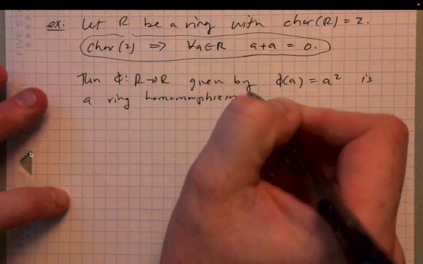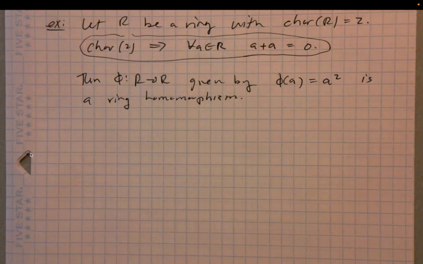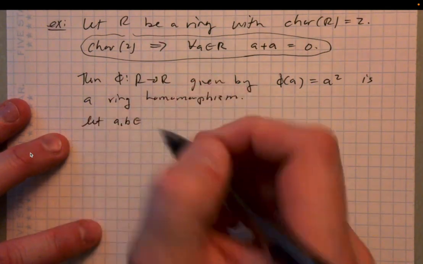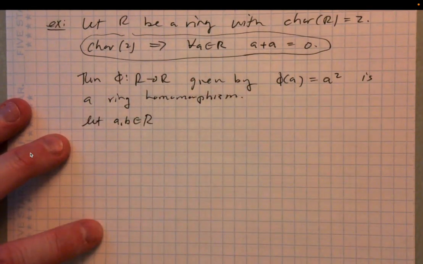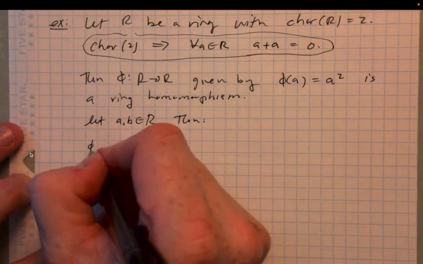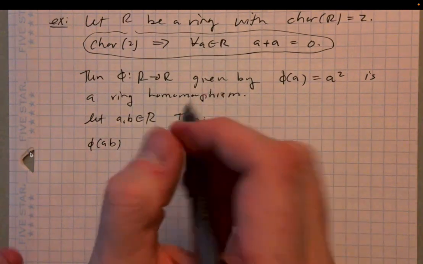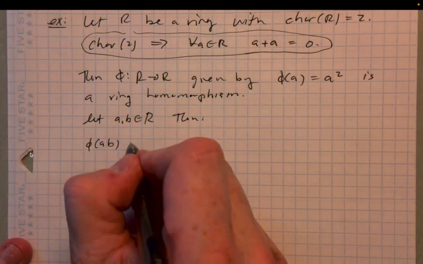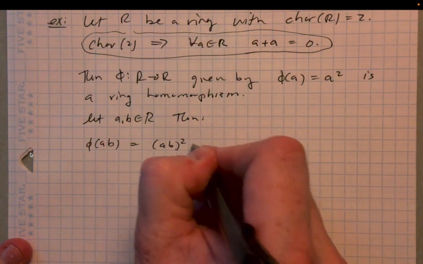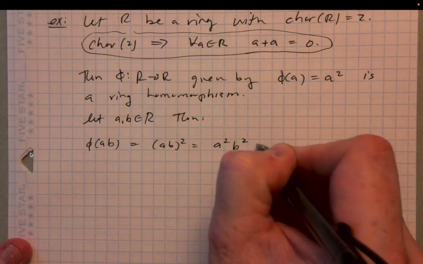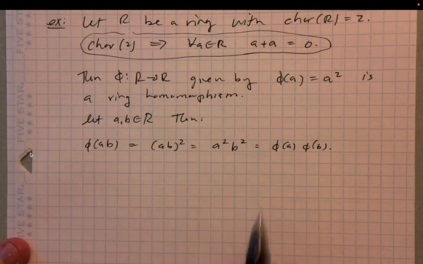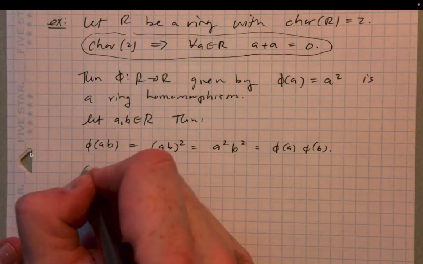Now, why is that? Well, let's see here. Let's let A and B be two elements in our ring of characteristic 2. Then let's just check the conditions. So phi of AB we'll start with. This one is the more obvious side of the thing. So phi of AB, well, that's just (AB) squared, which is A squared B squared, which is phi of A phi of B. Nothing novel to report there. That one works. What about the addition side?